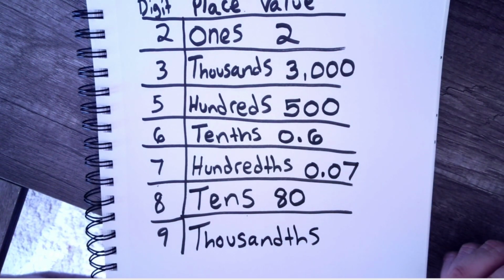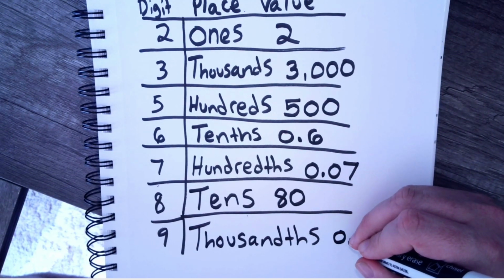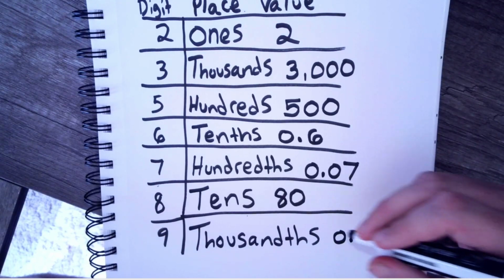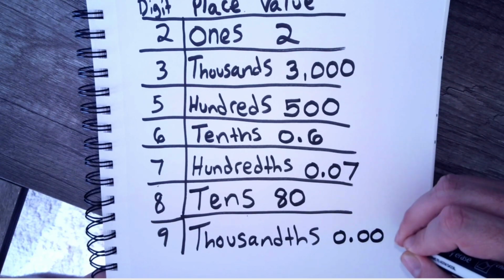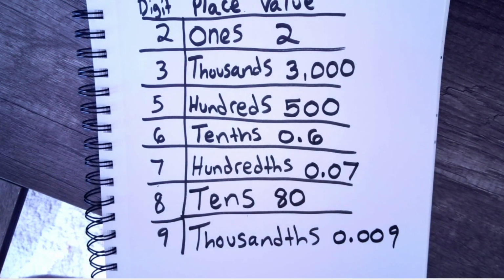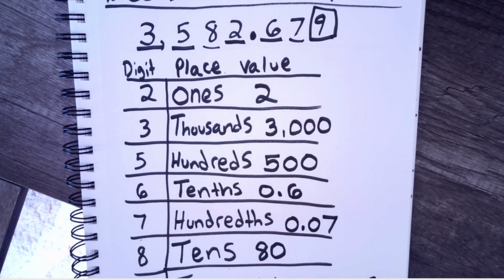So thousandths, and we have 9 of them. So it would be 9 thousandths. So 0 decimal, 0 in the tenths, 0 in the hundredths, and a 9 in the thousandths. Okay, so that is our completed place value chart for the number 3,582 and 679 thousandths.